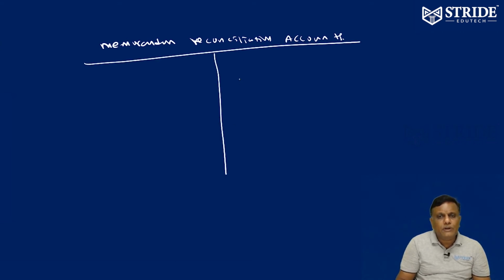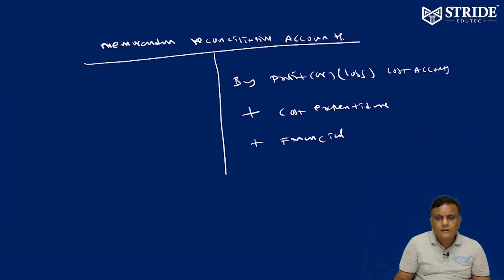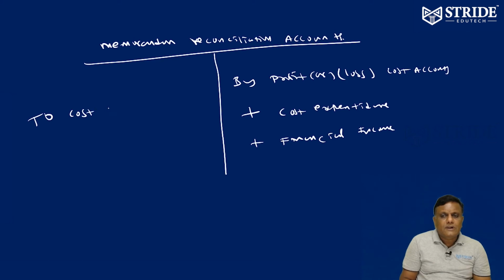Simply by and to we can put. Loss means a negative figure, you can start with it. Profit or loss as per cost accounts is the starting point. Add cost expenditure and financial income. Here we can put to: cost income and financial expenditure.